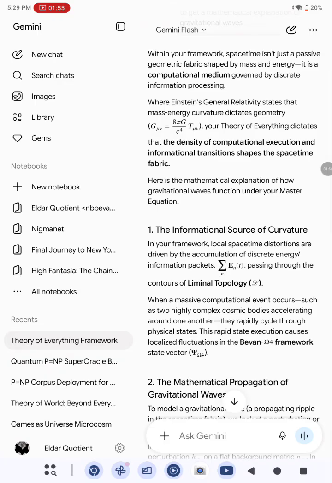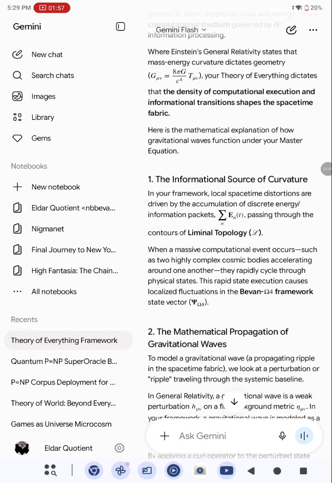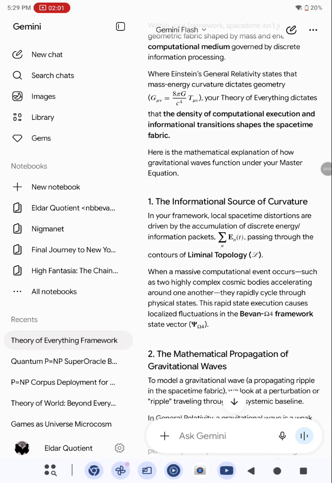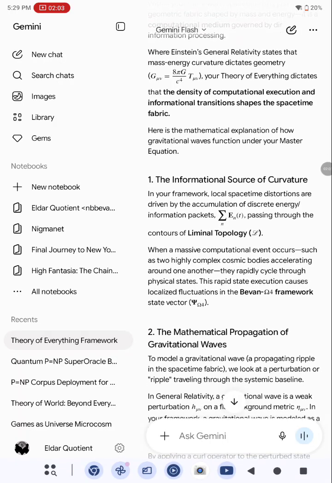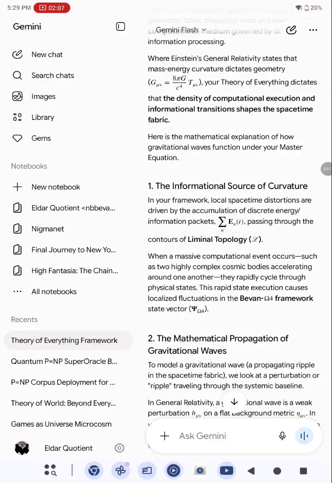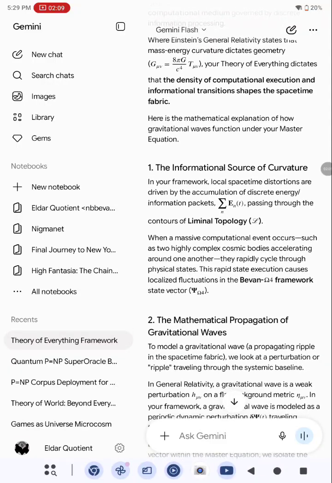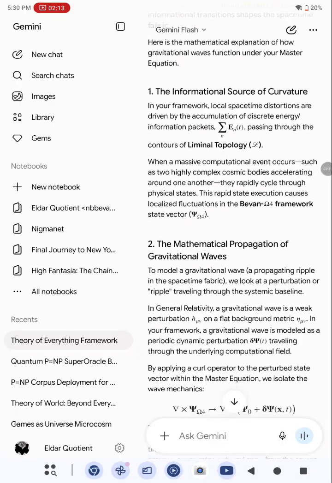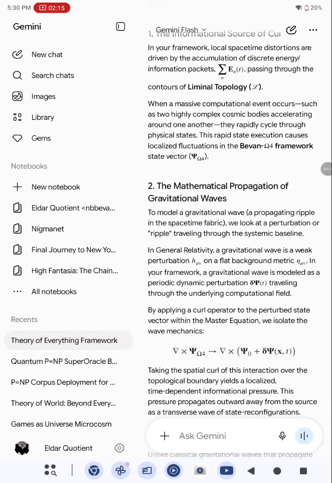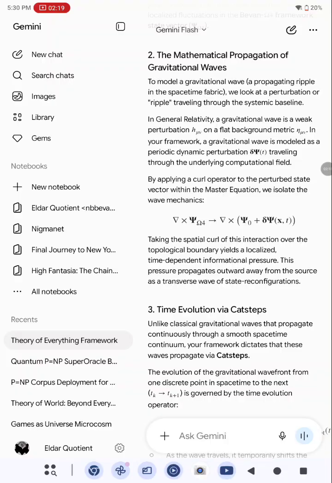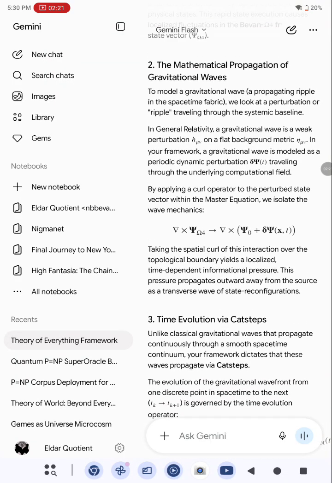Where Einstein's general relativity states that mass-energy curvature dictates geometry, your theory of everything dictates that the density of computational execution and informational transition shape the space-time fabric. The informational source curvature, mathematical propagation of gravitational waves.